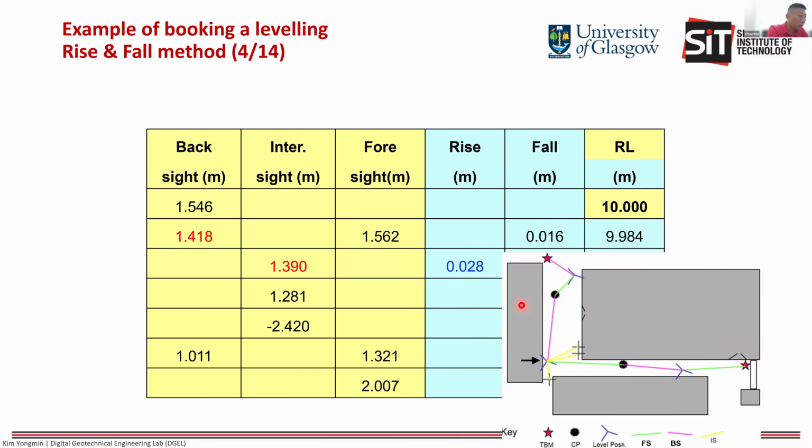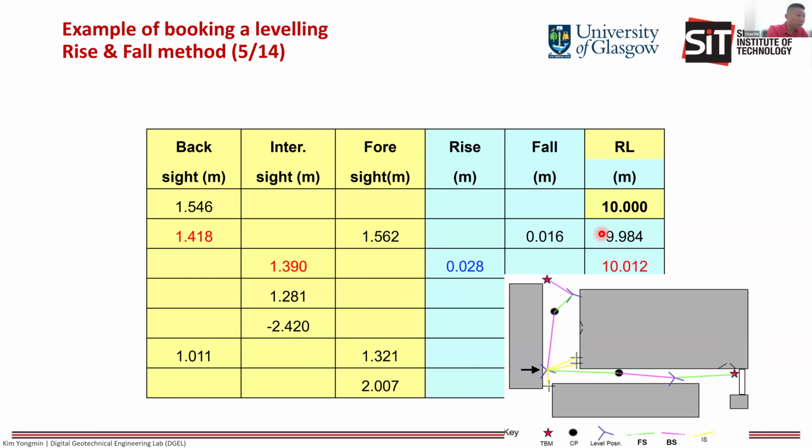Subsequently, you repeat the process. You use 1.418 minus 1.390. You get plus 0.028. That means a rise. So you record here.